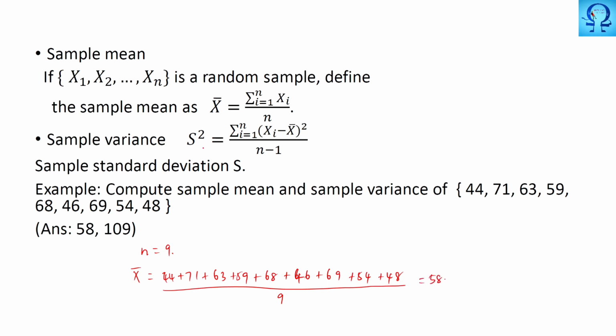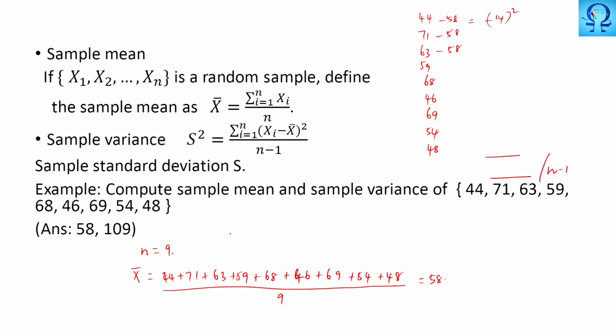Okay, now you need to calculate this s square. In order to calculate s square, you have all these quantities, isn't it? From all these quantities, you will have to subtract your mean. So you have to subtract 58 from all these quantities, and whatever answer you get, you have to square it and finally add these quantities, and this has to be divided by n minus 1.